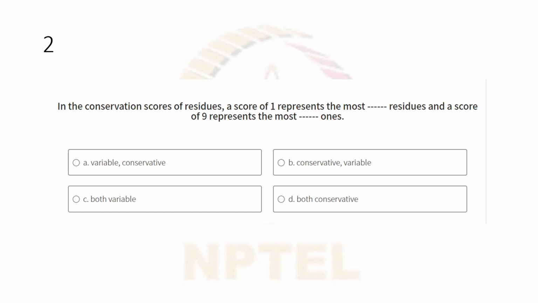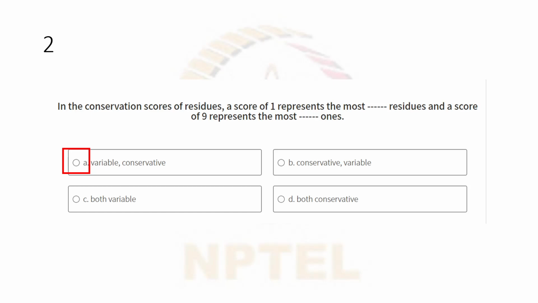So here, score 1 represents the variable residues and score 9 represents the conservation. The conservation score refers to the degree of evolutionary conservation of an amino acid sequence across different species.